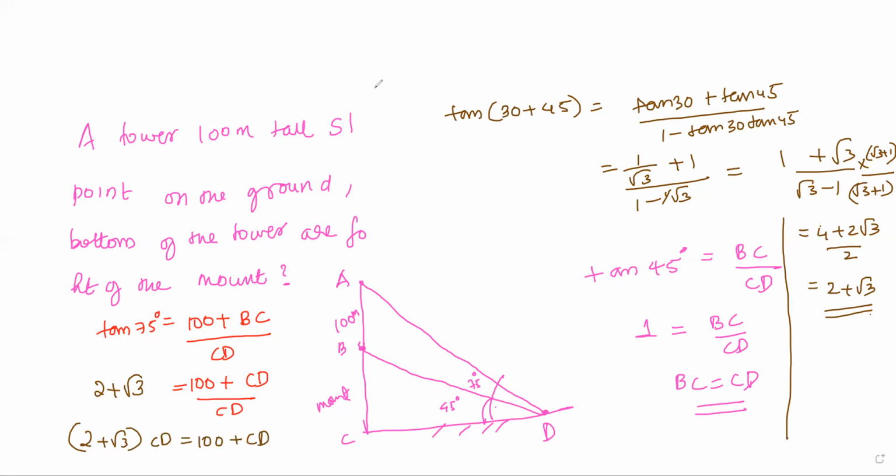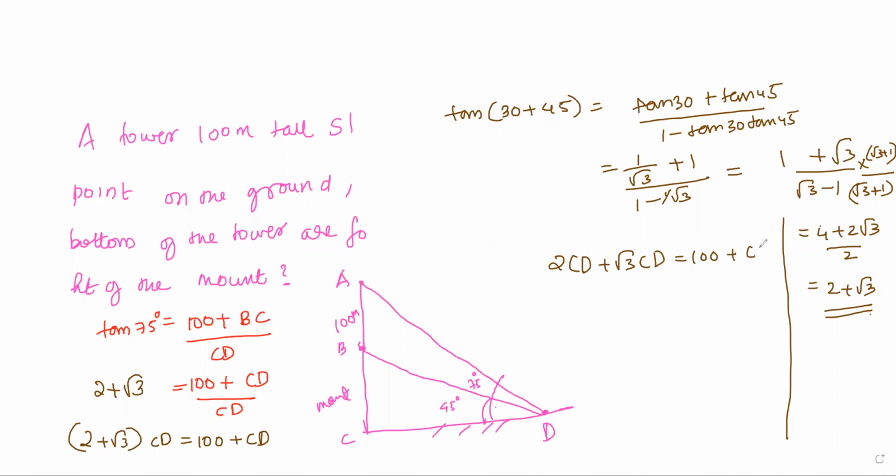Now we can find CD. Just take that to one side. So 2 CD plus root 3 CD is equal to 100 plus CD. So 100 is equal to 2 CD minus 1 CD, that will become 1 CD plus root 3 CD.